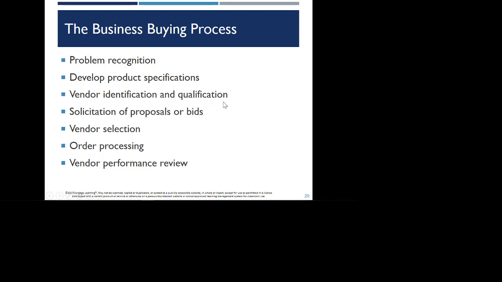The business buying process has a couple extra steps here. Typically, it's a little more formal. The business will develop what they're looking for. They'll find people who could satisfy their wants and needs, and they solicit bids, and then they select a vendor, and then they process some orders, and then they review how it went, and kind of rinse and repeat.